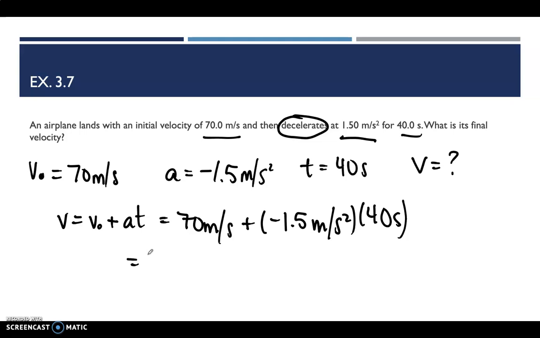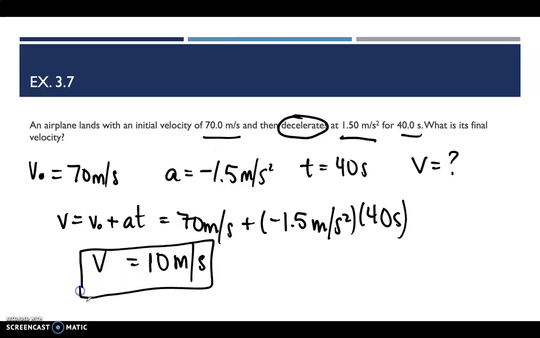And we get that the final velocity of this airplane is 10 meters per second. All right, so that was example 3.7.